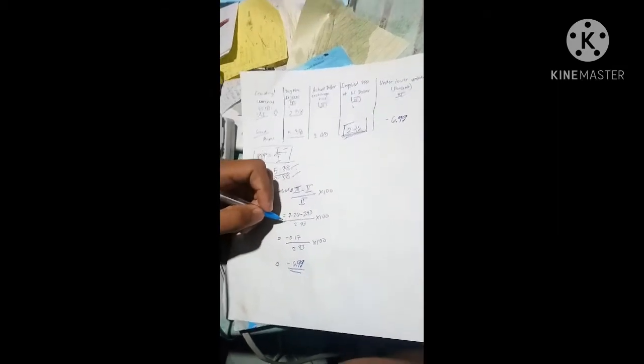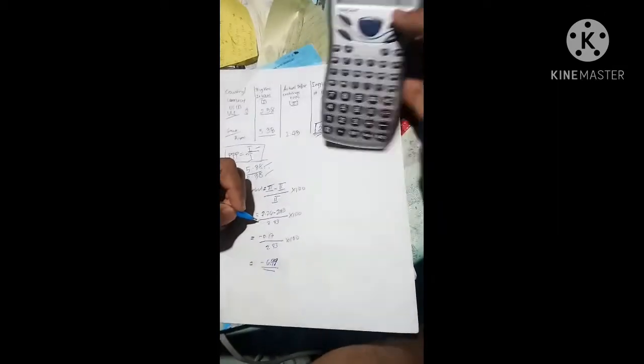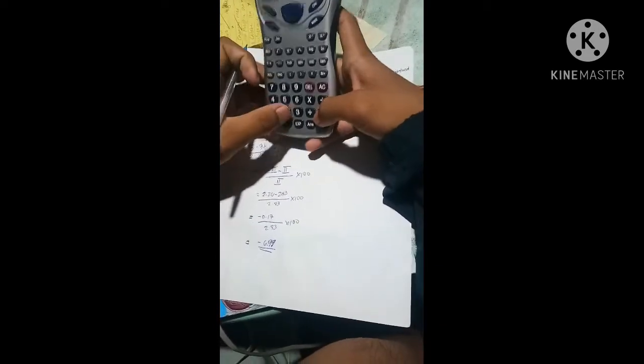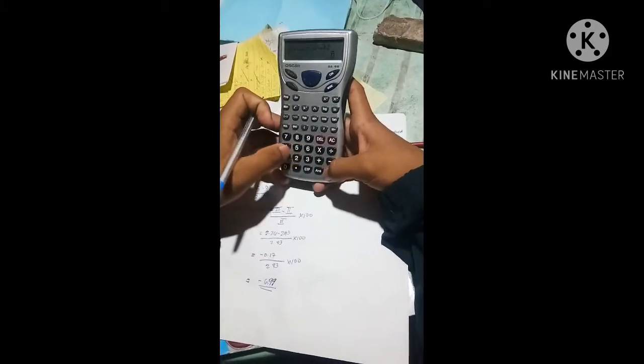So let's first get the difference: 2.26 minus 2.43.